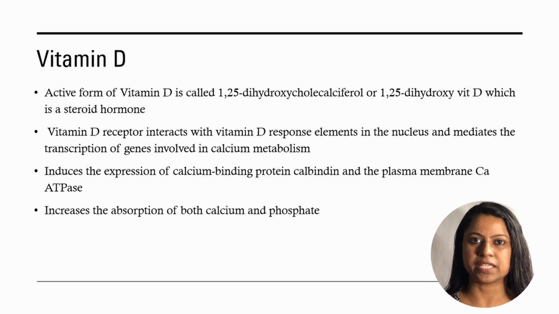It also induces the expression of a calcium binding protein called calbindin and calcium ATPase. Calbindin facilitates the translocation of calcium through the enterocytes and prevents calcium toxicity, while calcium ATPase helps in translocating the calcium across the basolateral membrane of the enterocytes into the bloodstream.